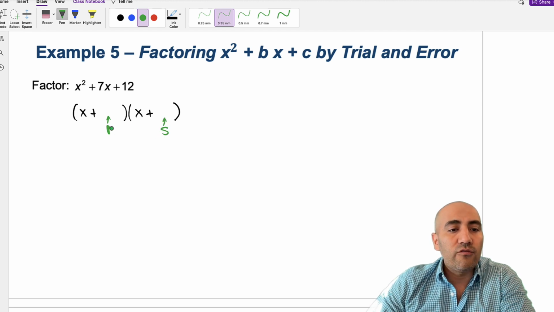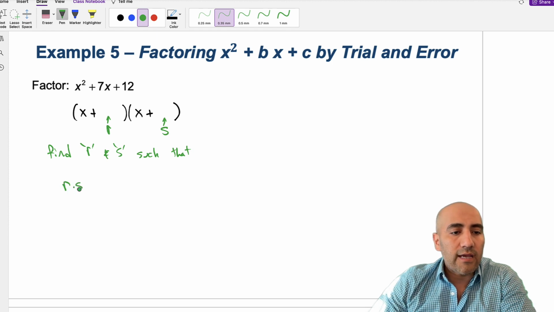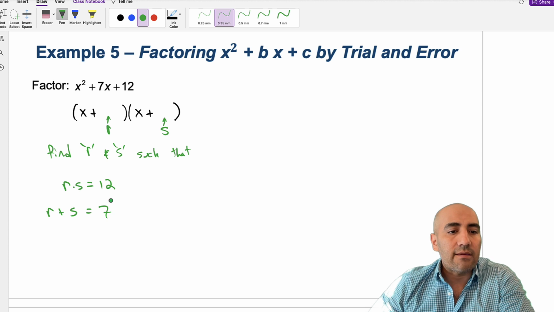I'm looking for two values, r and s, such that when I multiply them together, r times s, they give me 12. And when I add them, r plus s, I'm going to get a 7. This is the guessing and checking process. 12 is not bad.